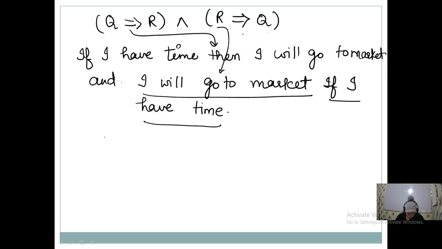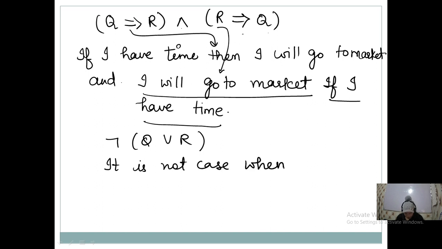Now the next statement is not Q or R, which means it is not the case that I have time and I will go to market.